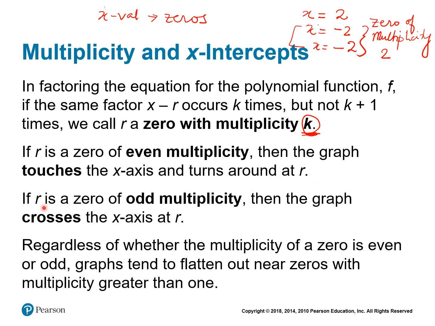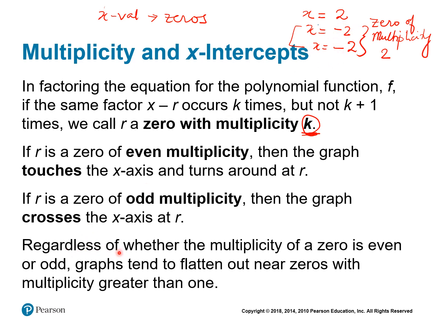If R is a zero of odd multiplicity, that means if, let's say, this was repeated 3 times or 5 times, if k is an odd value, then the graph crosses the x-axis at R, R being the value of x, in this case -2.